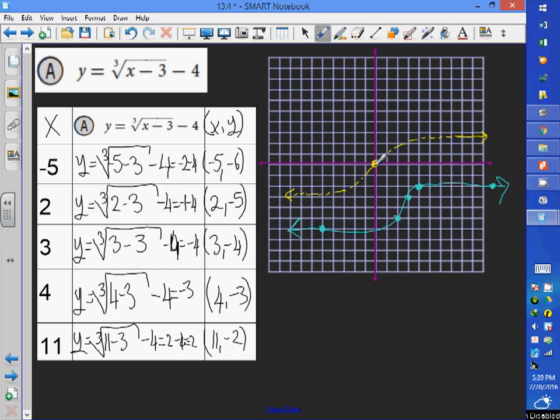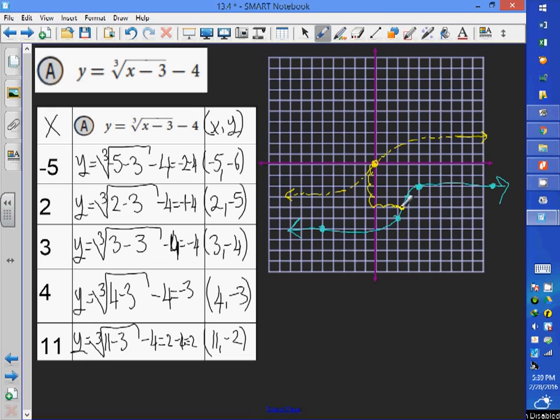So when you compare this, 1, 2, 3, 4 units right, and how many units down? 4 units down. And how many units right? 1, 2, 3 units right.